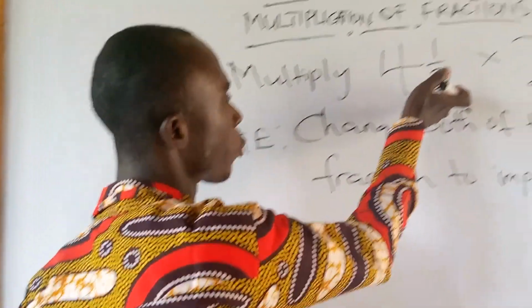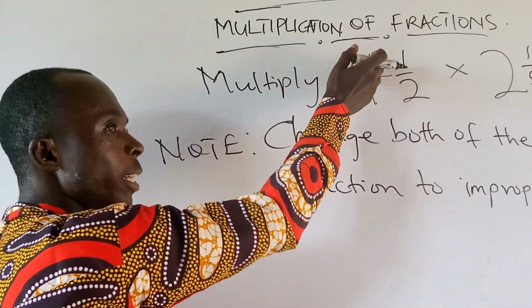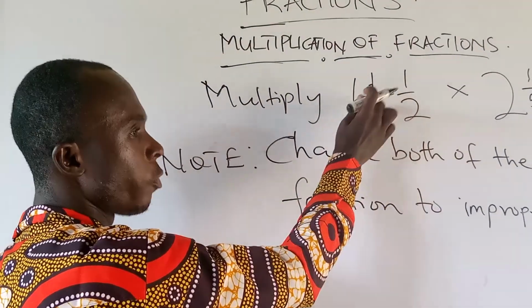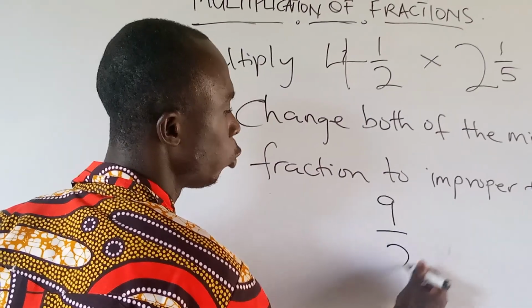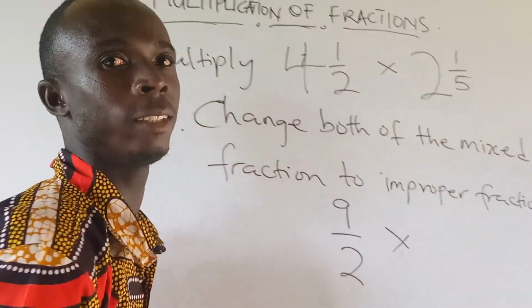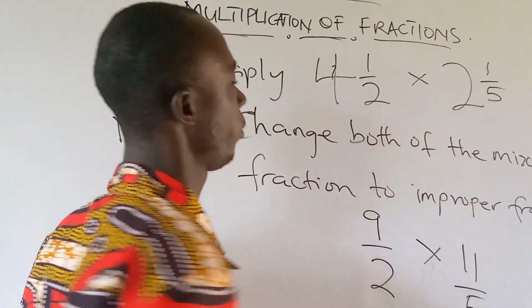To change this one, you multiply the denominator of the fraction by the whole number and add the numerator to it. So 2 times 4 is 8. 8 plus 1, we are getting 9 over 2. 5 times 2 is 10, plus 1, 11 over 5.